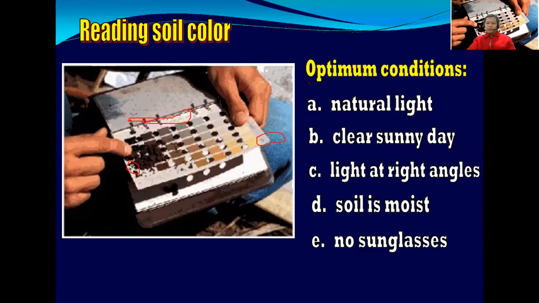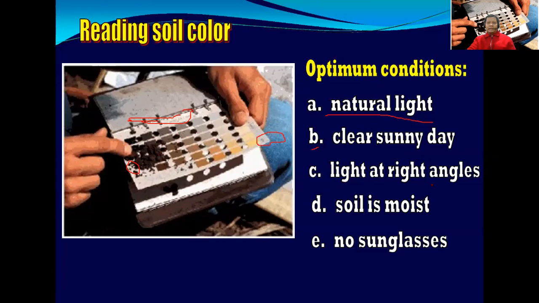Okay? The optimum conditions for reading soil color, we have to read soil colors in natural light. Okay? Dapat hindi siya dim. Should be in a clear sunny day because pag clear sunny day, mabasa talaga natin yung kulay. We can compare it easily. So light at a right angle.